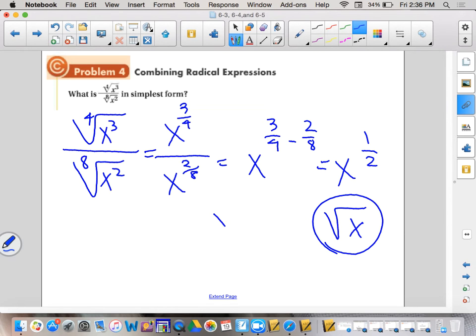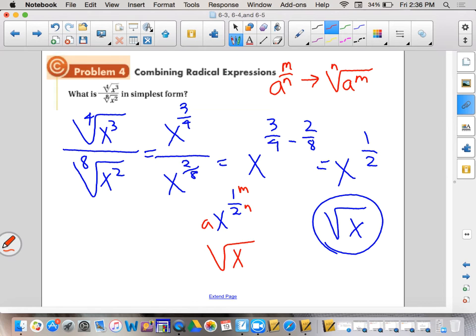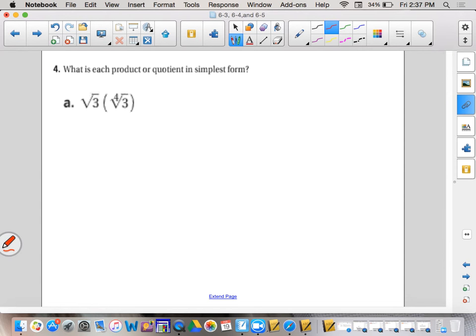So if I had, this is my M, this is my N, and this is my A, and I change it to a radical, my A is going to go up underneath, which is my X, my N is going to come out here, and my M is going to go there, which is the same thing as that. So if it doesn't have anything higher than a 2, it's always 2.